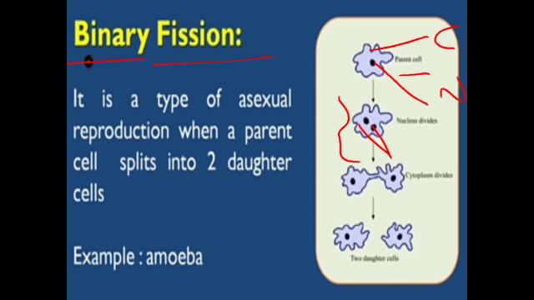This is followed by division of its body into two, each part receiving a nucleus. Then the cytoplasm divides, and each part has a nucleus, right? Finally, two amoeba are produced from one parent amoeba. Here we can see that two daughter cells are produced from one parent amoeba.